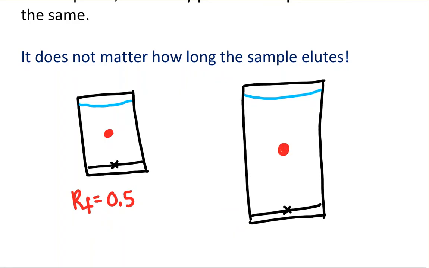Once again, it'll end up right in the middle because you can think of it as the pigment travels half as fast as the solvent. So the retention factor, again, will be 0.5. And that's why, because it's a ratio, it should come out the same or close to the same each time.